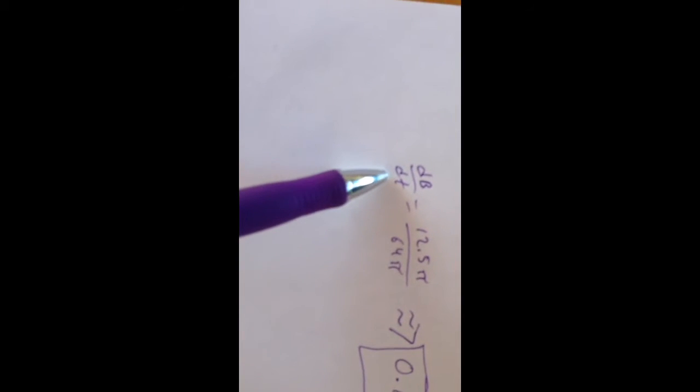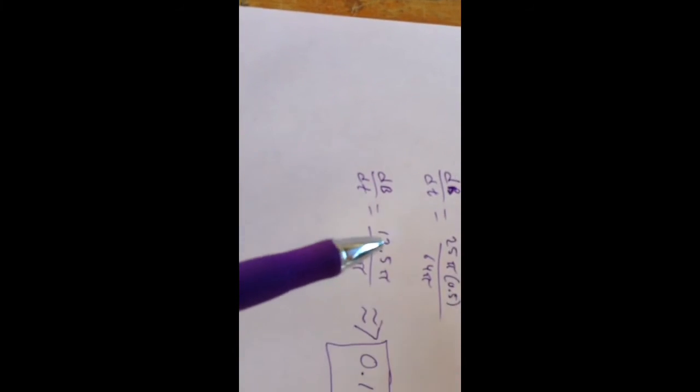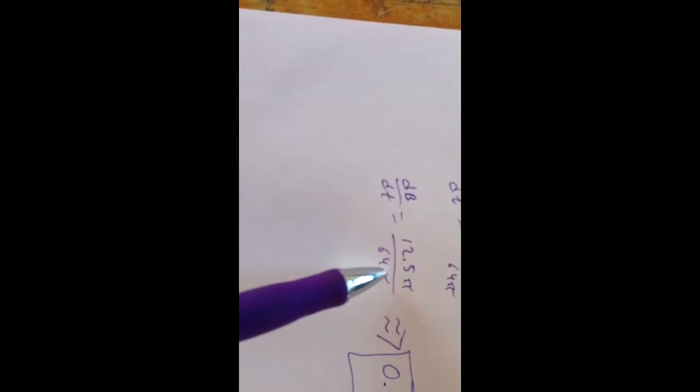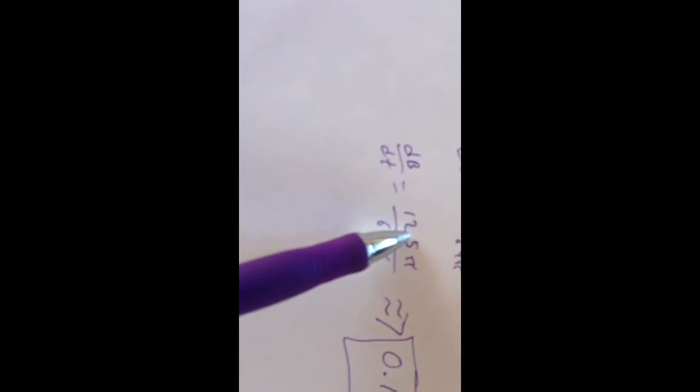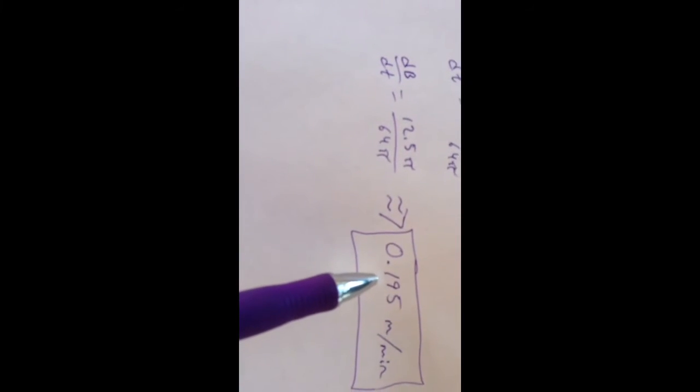Then I keep on solving it to where I get db dt equals 12.5 pi over 64 pi, and this is my answer. But if I want to approximate it, once I divide this by this, I get 0.195 meters per minute, and this is my answer. So 0.195 meters per minute is the changing rate of the big pool.